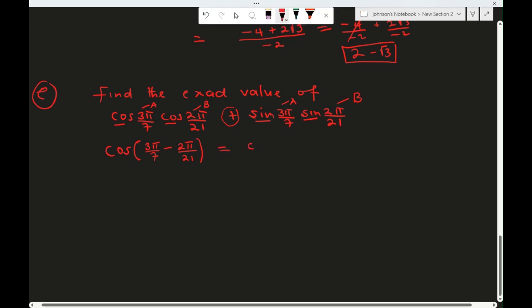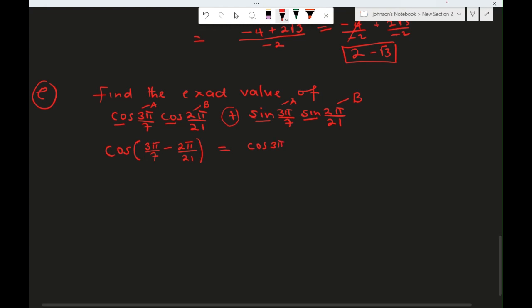If you expand this, you will have cosine 3 pi by 7, cosine 2 pi by 21, and since here is minus, it's going to be plus sine 3 pi over 7, sine 2 pi over 21. So you can see you can recover what we have.